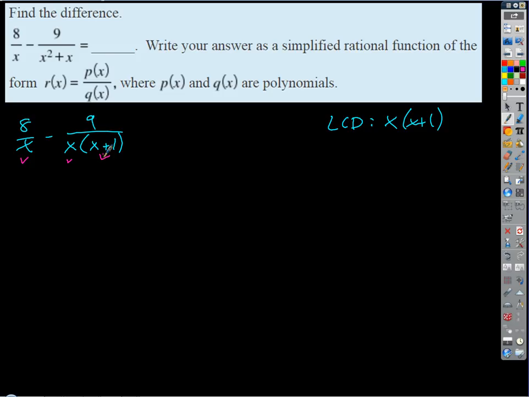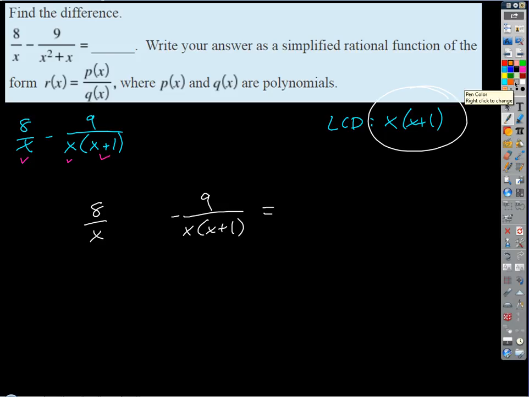So when we're adding or subtracting fractions, we have to get a common denominator, right? So what do I have to multiply this fraction up here, top and bottom, by to get that denominator?